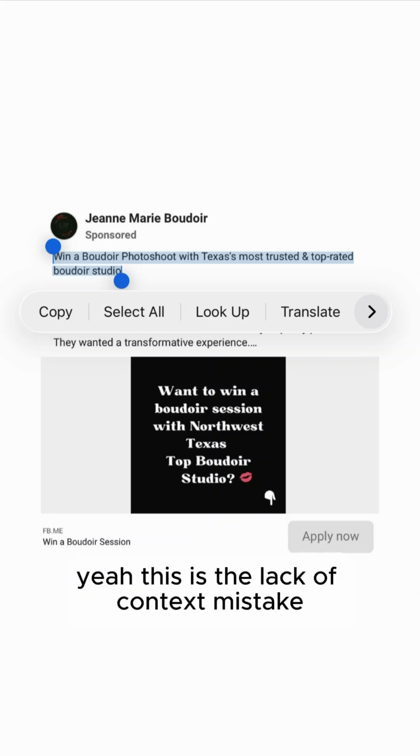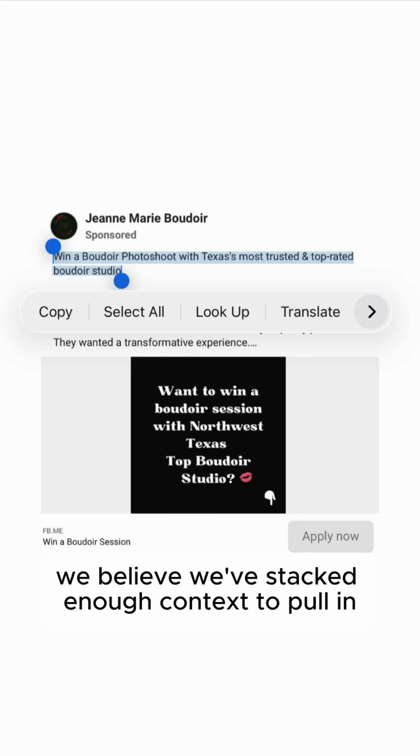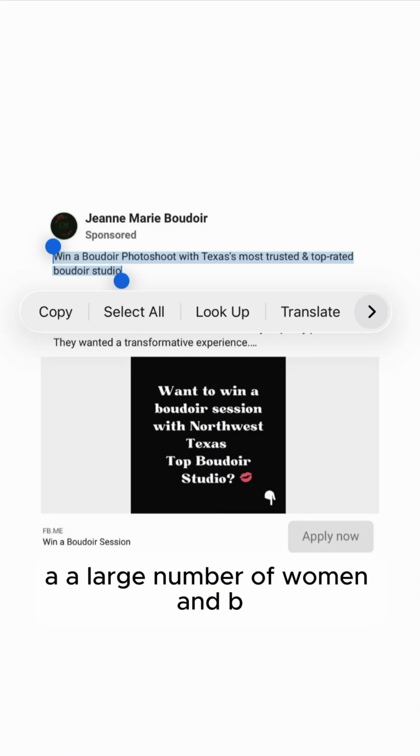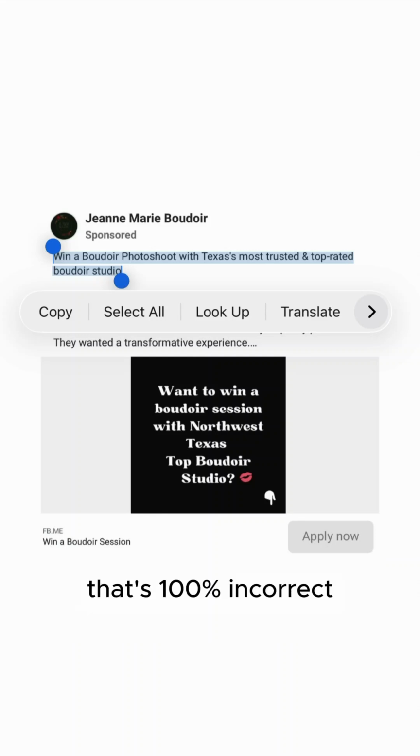lack of context mistake. So the false belief that caused us to make this mistake is we believe we've stacked enough context to pull in A, a large number of women, and B, the right women to be clicking somewhere on our ad. But that's 100% incorrect.